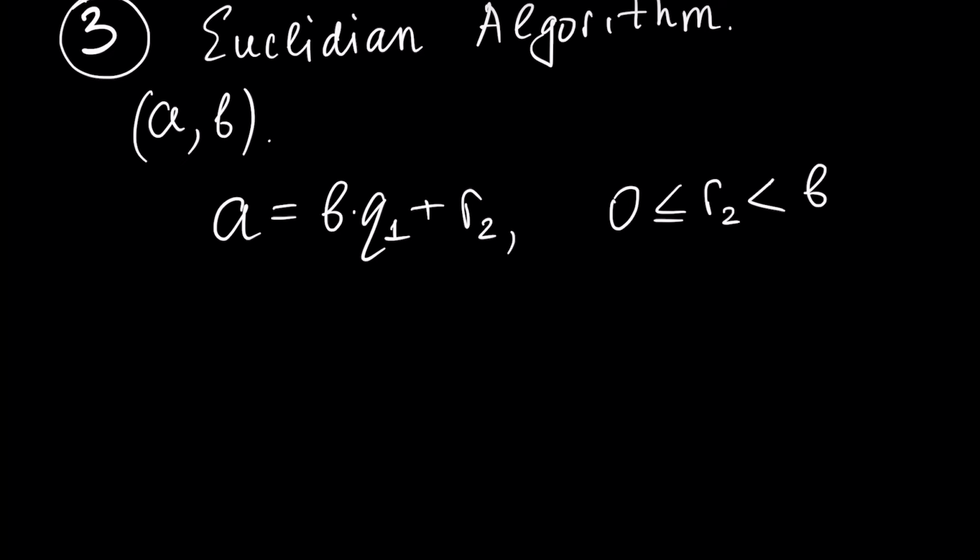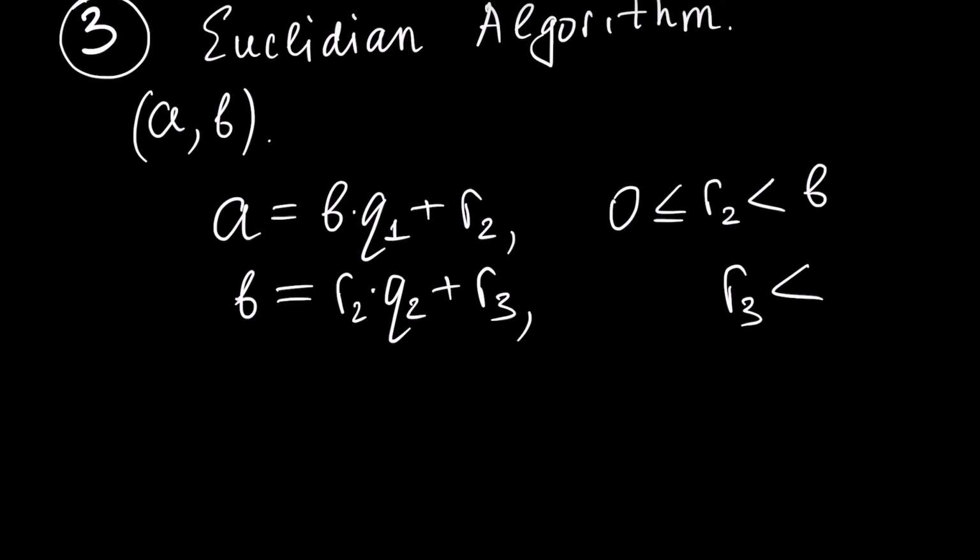And since R2 is less than B, we can divide our number B by R2 and have another remainder. In other words, B can be written as R2 times some other integer Q2 plus another remainder R3, where R3 is less than R2 but also not negative.